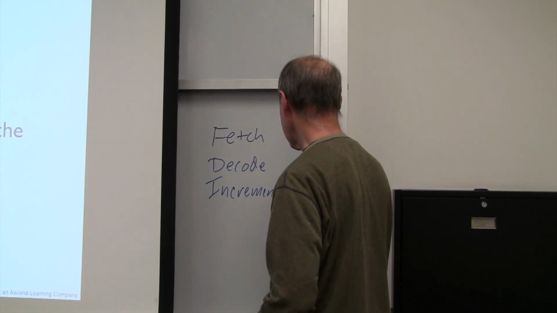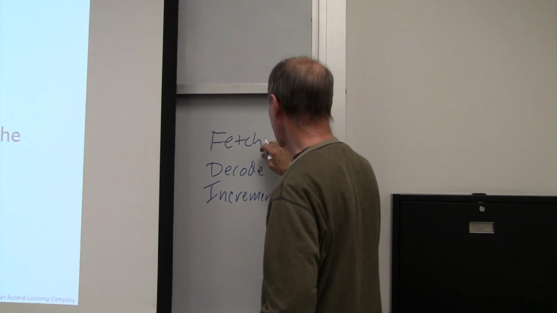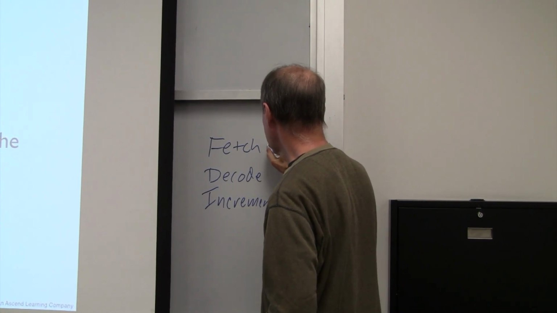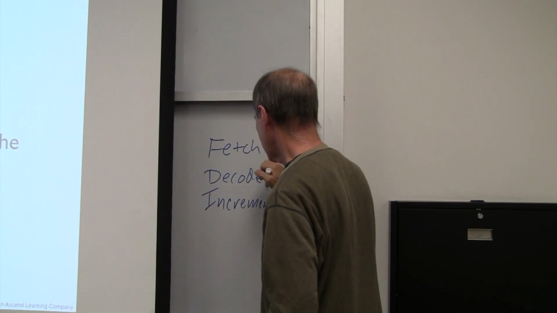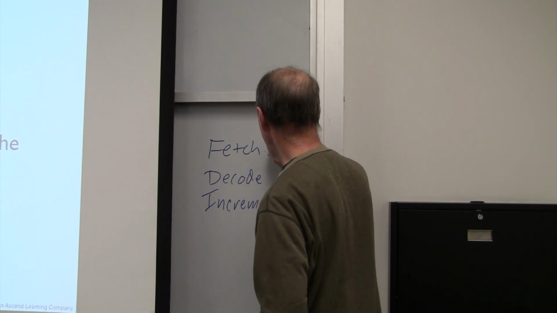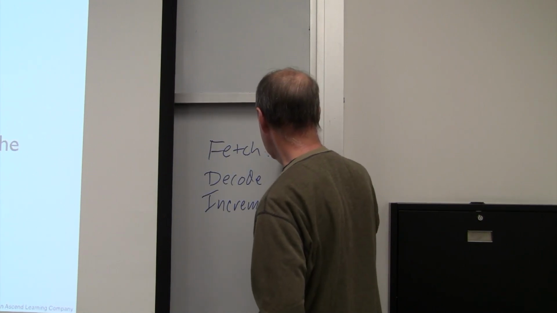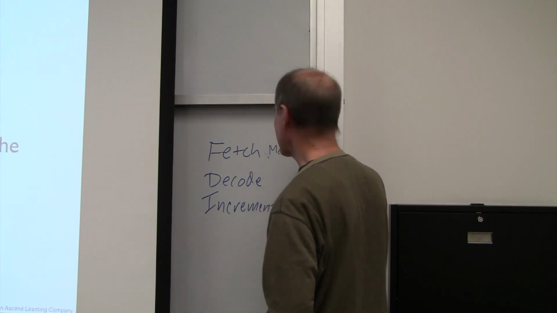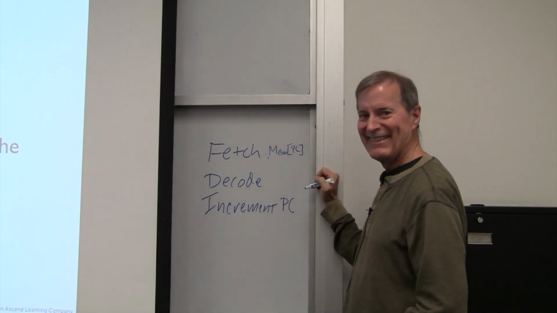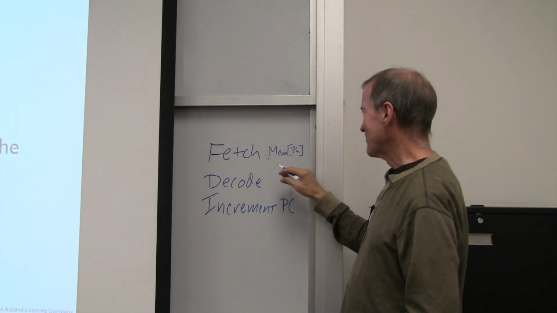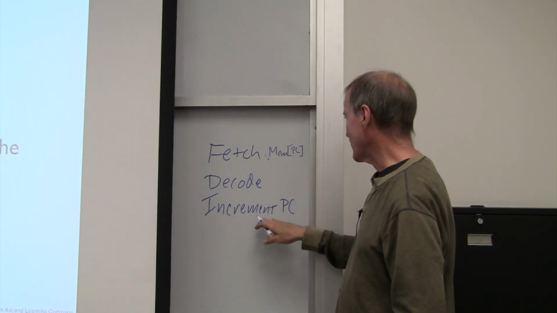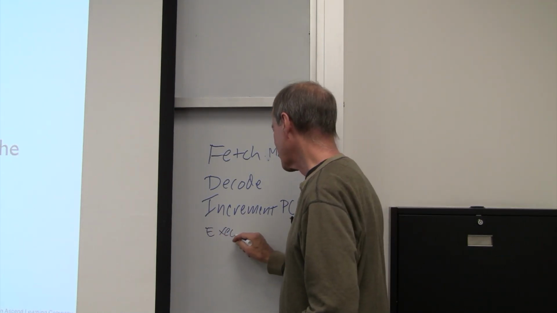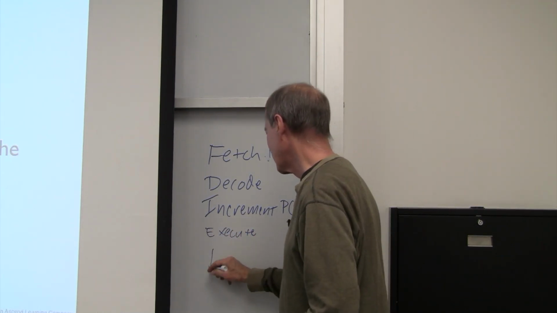The program counter. And this is fetch what? Instruction from where? Fetch from memory. So fetch from memory and then decode and then increment the program counter again, and then what? Execute. And then what? Repeat.